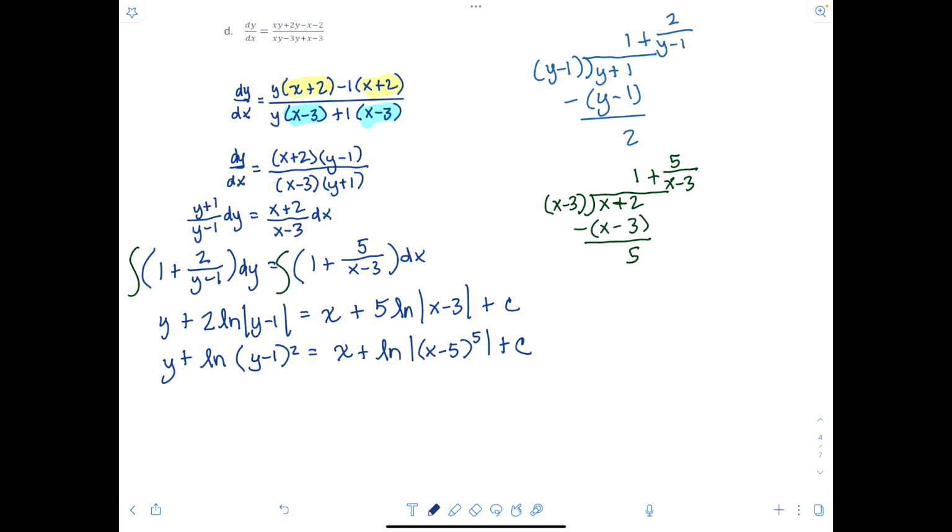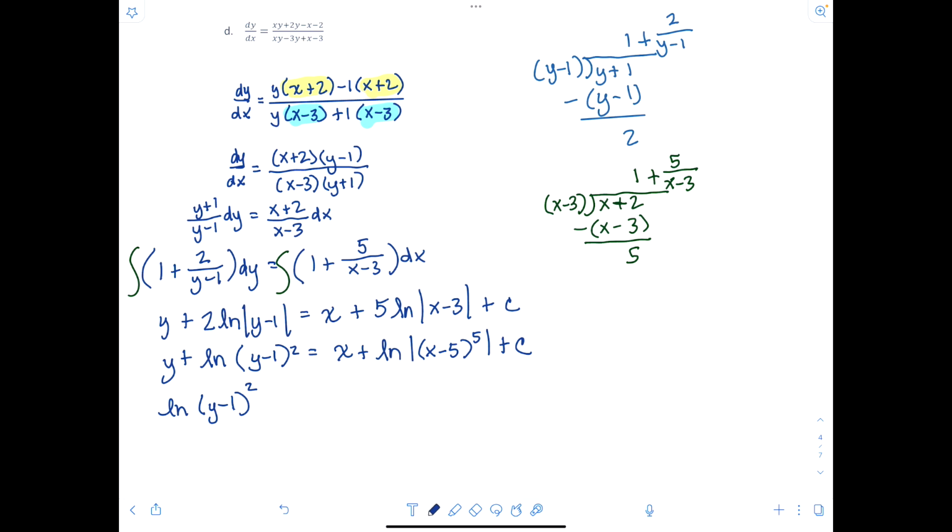Now, let's take a look at what we have. We'll get natural log of y minus 1, the quantity squared. So I don't need to put absolute value bars around that one because I'm squaring it, so it'll be positive.